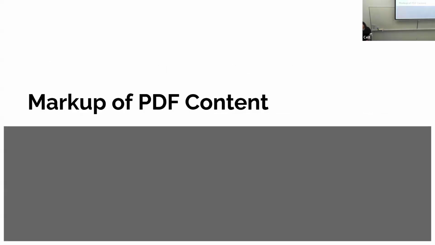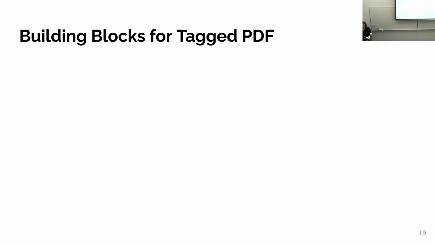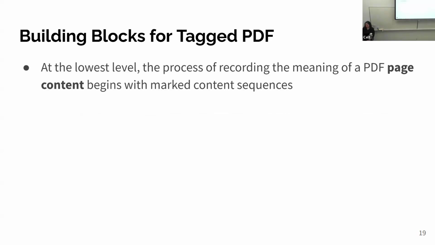Okay, so let's talk about markup of PDF content. This is where it gets a bit technical, but bear with me. There's something that we call the building blocks for tagged PDFs. At the lowest level, the process of recording the meaning of PDF page content begins with marked content sequences.